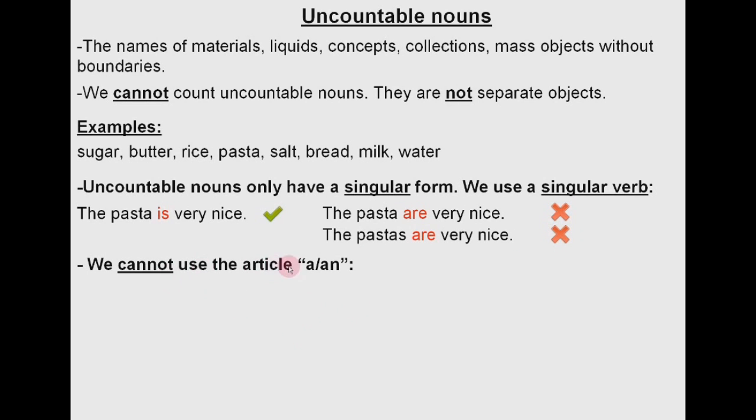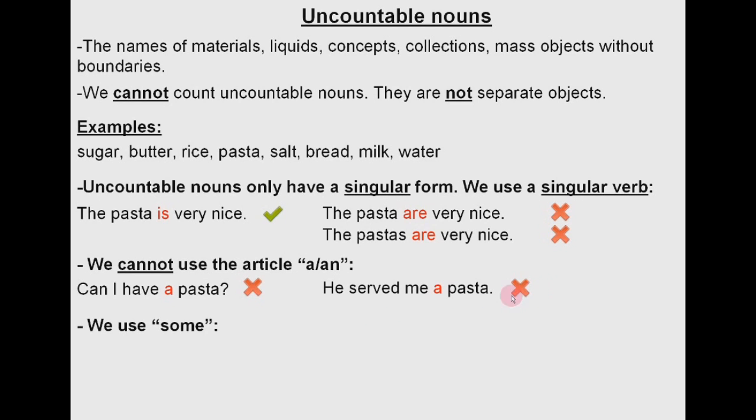We cannot use the article a or an. We must not say, "Can I have a pasta?" That is wrong. He served me a pasta. That is wrong. But we can use the word some. Can I have some pasta? That is correct.